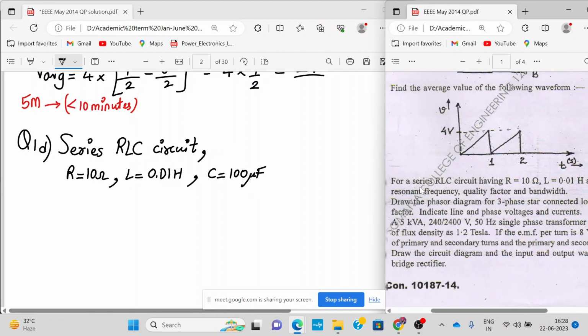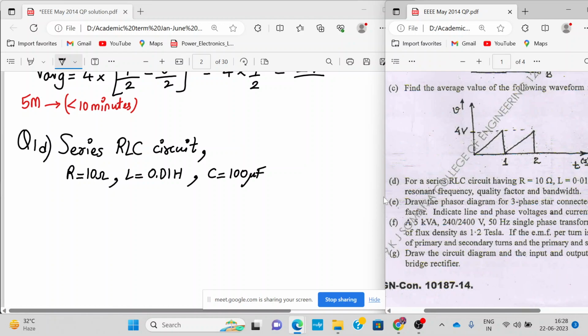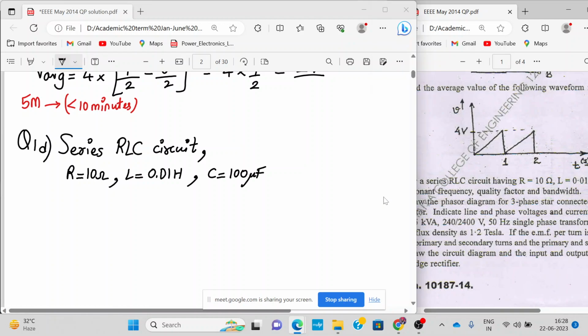And what we need to find out? Resonant frequency, denoted by Fr. If you want to calculate resonant frequency in hertz, then Fr, or we can also calculate omega r. Then next, quality factor denoted by capital Q. And then we need to find the bandwidth, denoted by BW.